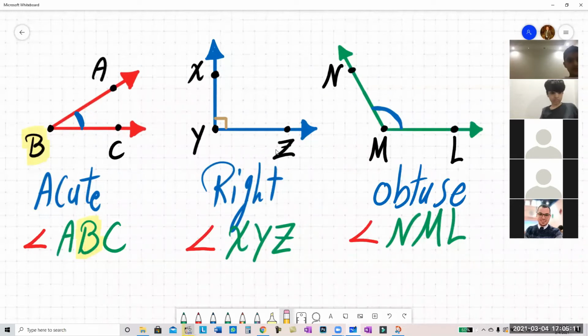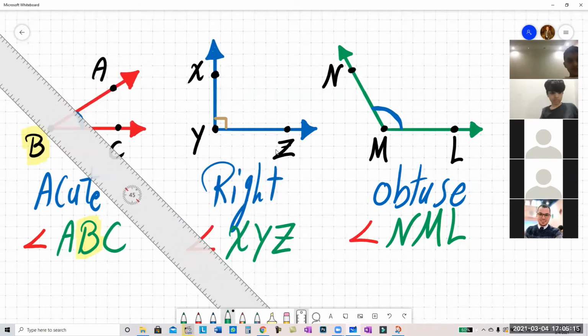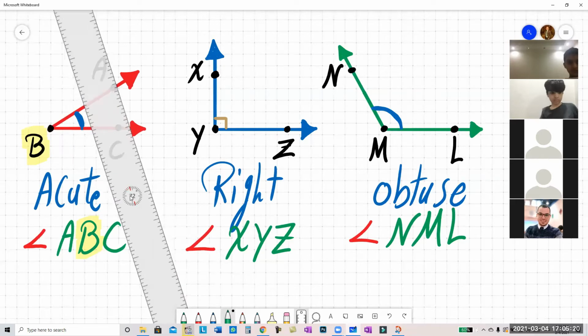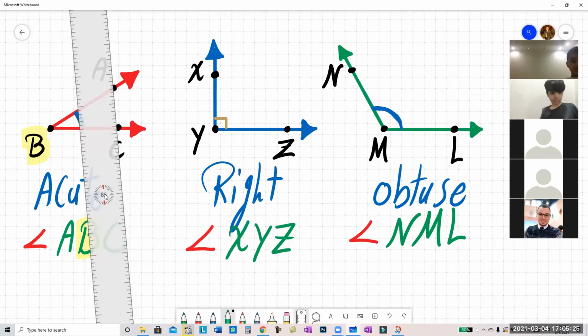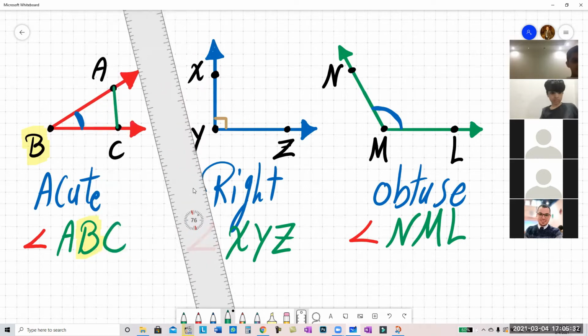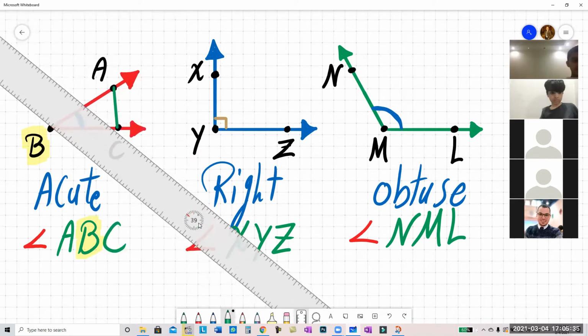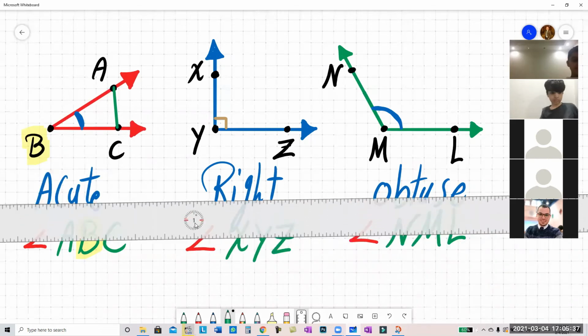So if I ask you to draw a line joining AC, if we draw a line as you see here to make a closed shape, let me erase the arrows here to make a closed shape.